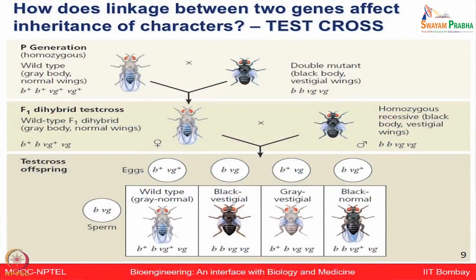All right, and now if you can read from here, these are gray body and normal wing, and this is black body and vestigial wings.